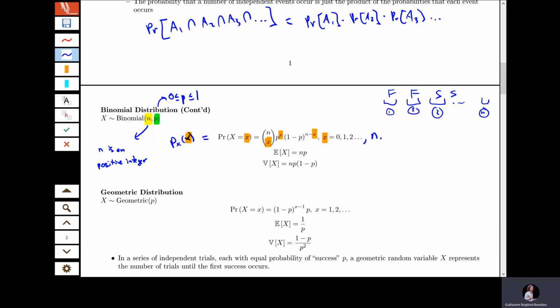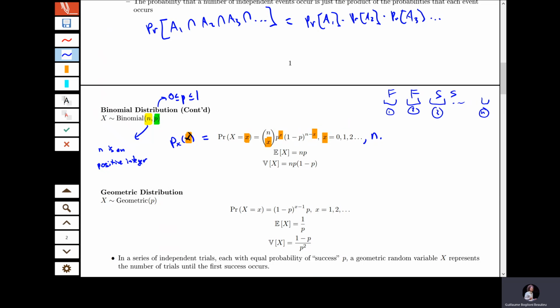Well, you need to choose out of all your trials which ones have a success. If there are x of them, if you want the probability to have x successes, then you choose x successes out of the n trials. But each of these configurations with exactly x successes has probability p to the power x, because you have x successes, times 1 minus p to the power n minus x, because in that case you have n minus x failures.